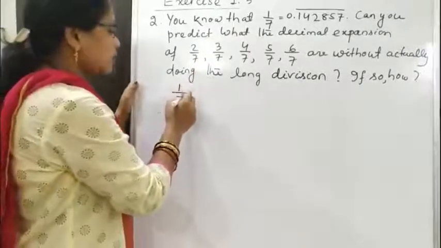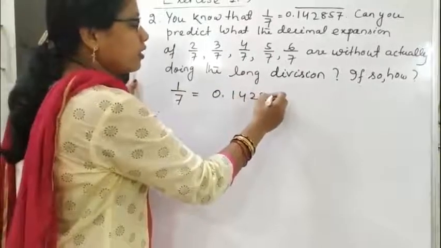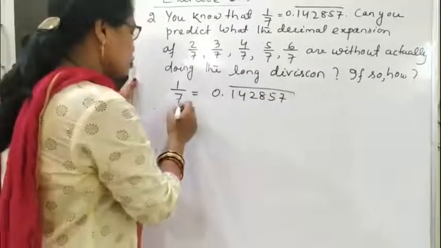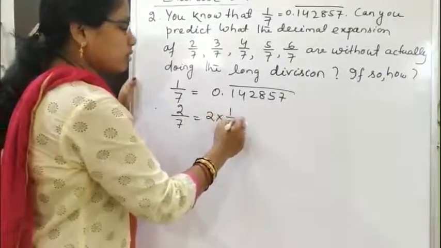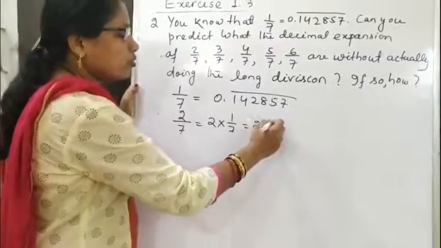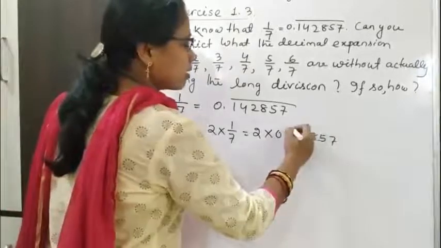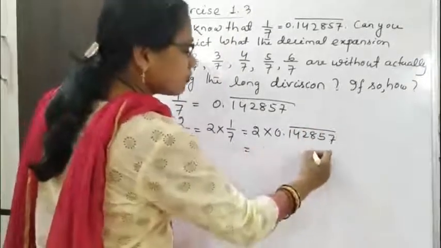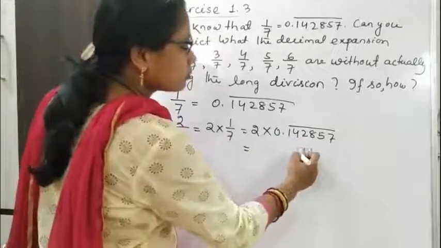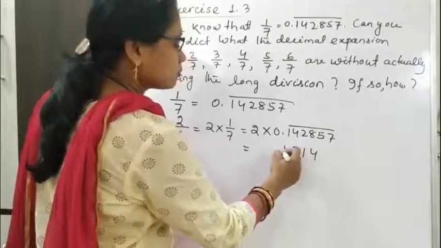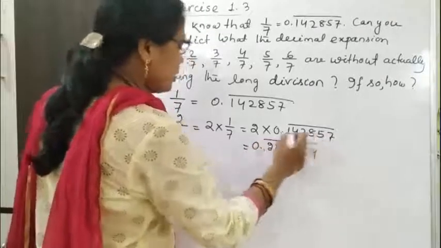As 1 by 7 is equal to 0.142857 bar, 2 by 7 we can write as 2 multiplied with 1 by 7. So this is equal to 2 multiplied with 0.142857 bar. We multiply 2 by this decimal number. So this is 2 by 7.